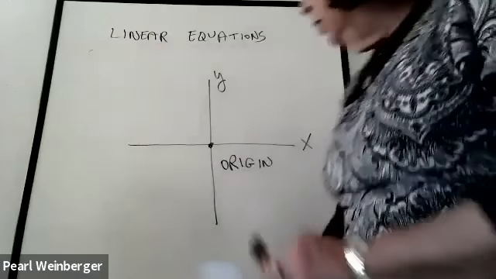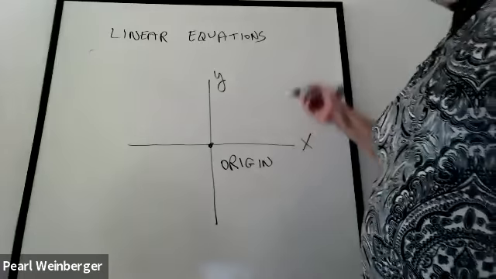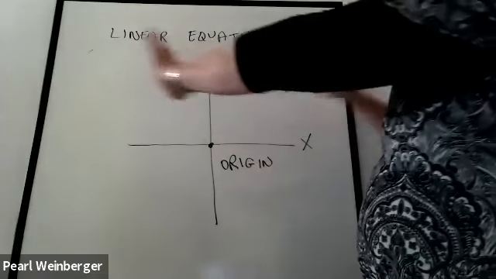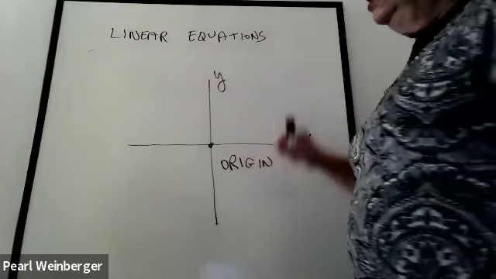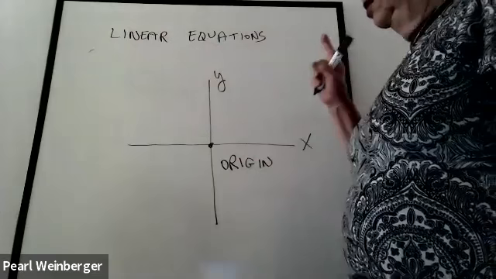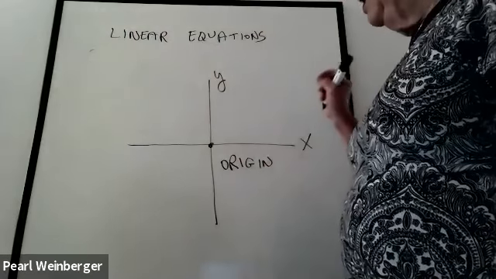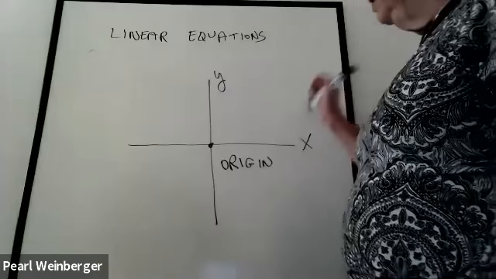Okay, what do we do in Cartesian coordinate graphing? Every point on the plane, every point on this flat surface, is connected to a pair of numbers.